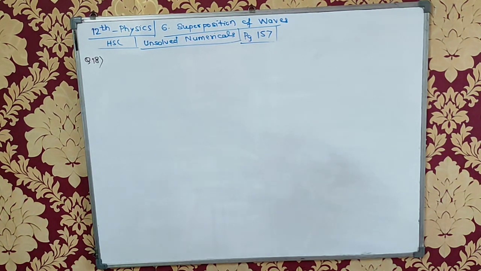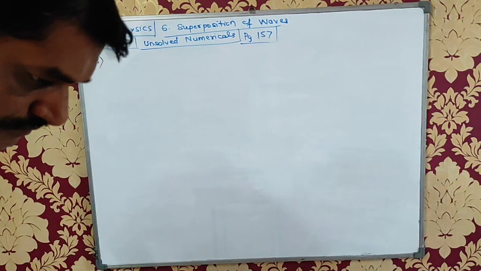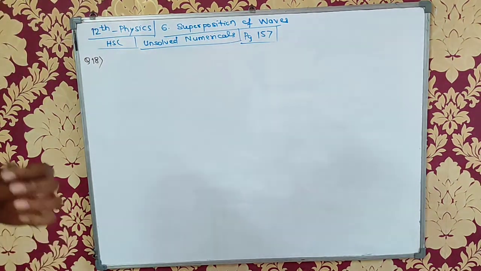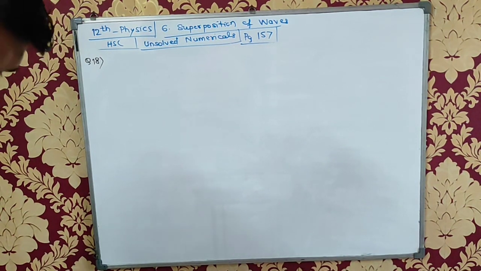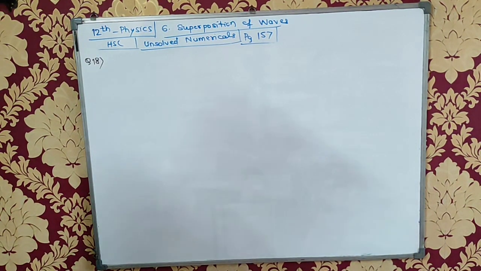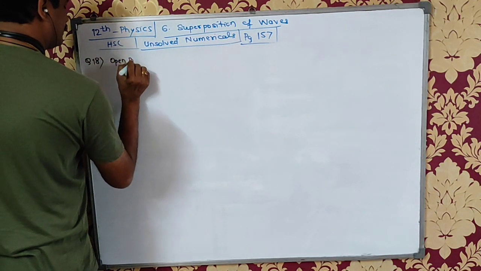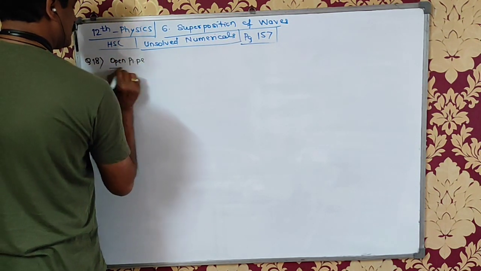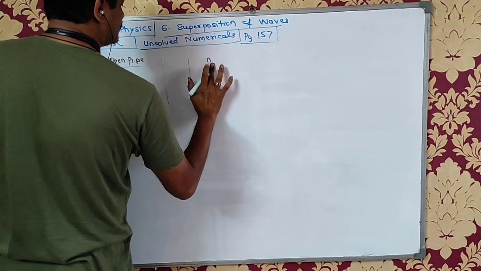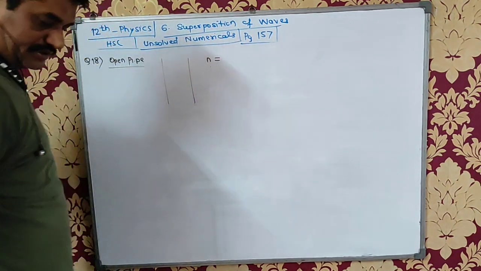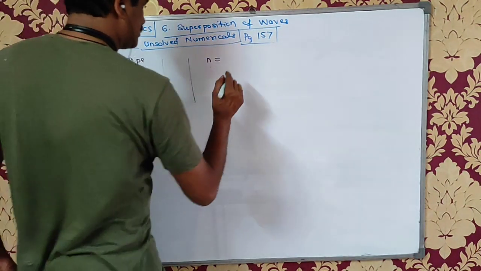Question number 18. A pipe open at both the ends has the fundamental frequency. So it's an open pipe. It has the fundamental frequency, which we write as n or n0, of 600 hertz.